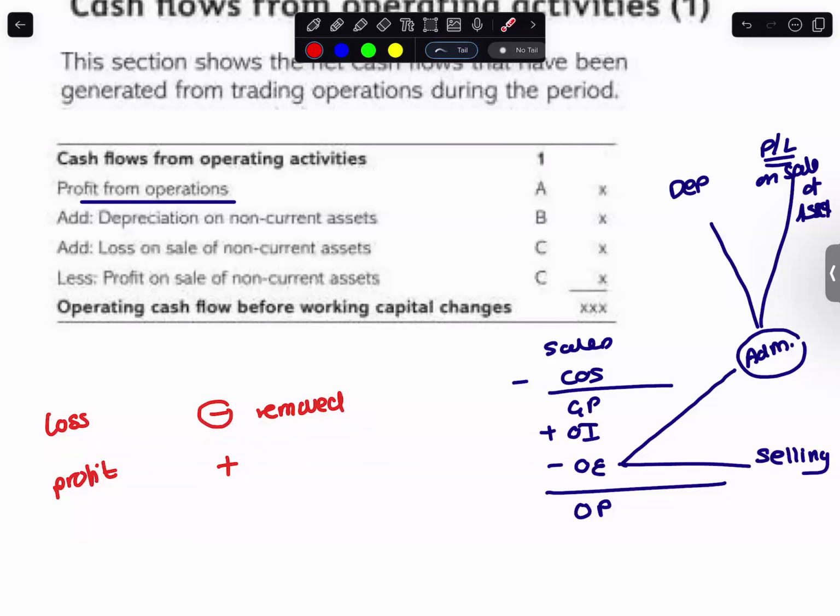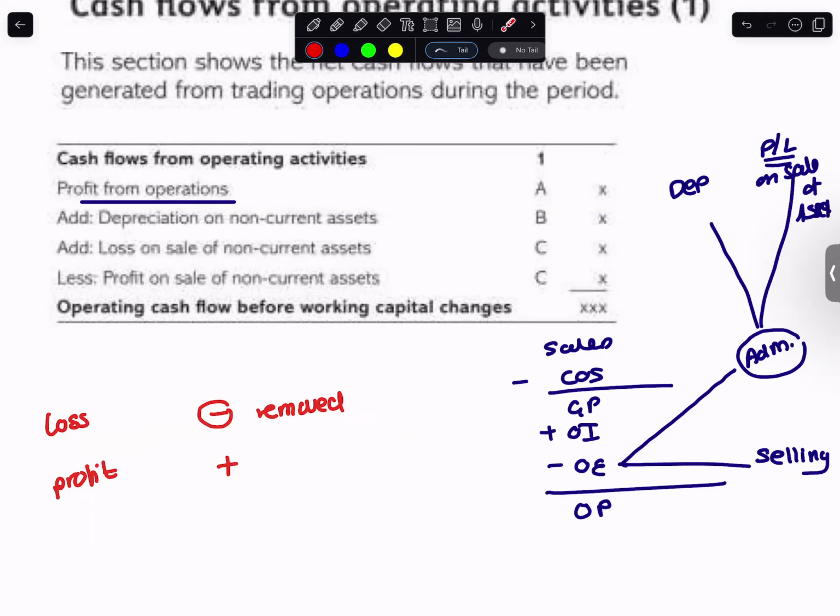Tell me, I am deducting depreciation. Is there any inflow or outflow of cash in depreciation? In depreciation, does your money actually go out? No, that is just like an estimated value.